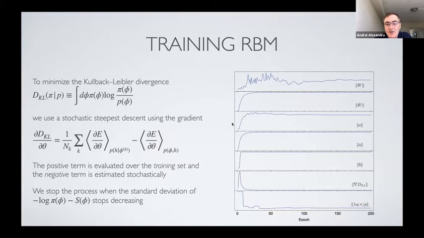I'm illustrating here on the right-hand side the behavior of the various parameters as a function of the training step. The machine learning community calls this an epoch. And as you see, because these are many parameters, I'm plotting the norm of the matrix, and the norm of the W and the W tilde matrices stabilize at long term.